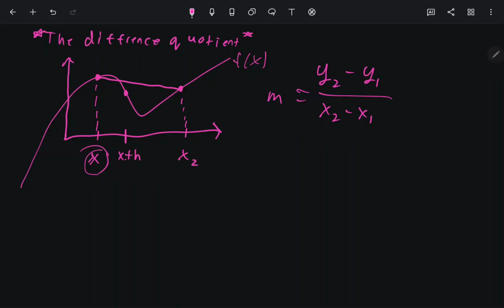So let's see if we can find a way to put this into terms of our graph. This point right here is actually going to be f of x plus h. And because that's further to the right, let's define that as our y2. So f of x plus h minus, and right here, we already said this is just going to be f of x. So it's going to be minus f of x.